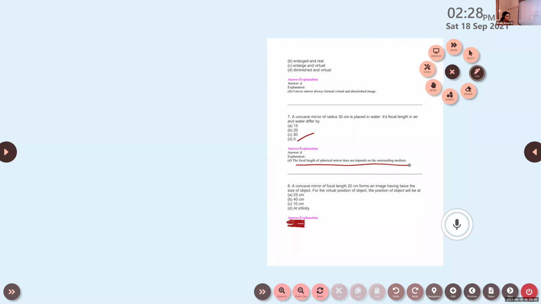Think and answer. It's a concave mirror. Focal length is given. How can we represent the focal length? f is equal to small f, 20 centimeter. And what is the nature of the mirror? Is it concave or convex?